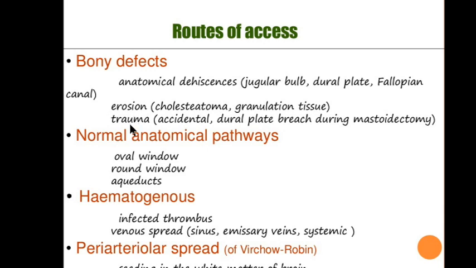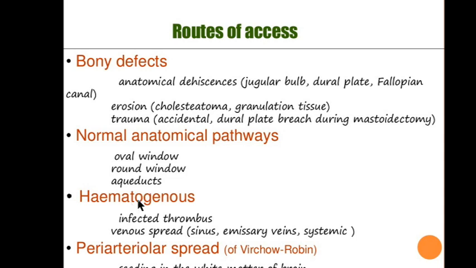And trauma. Sometimes a patient with CSOM, suppose now has a road traffic accident, he has a trauma and there is a fracture. So now that fracture has created, fracture where? Fracture anywhere around the temporal bone. So then that has made a pathway through which the infection now will spread rapidly. And normal anatomical pathways: oval window, round window, and all the aqueducts.